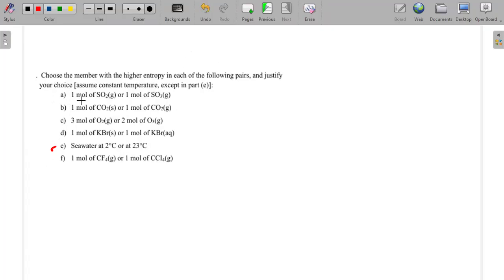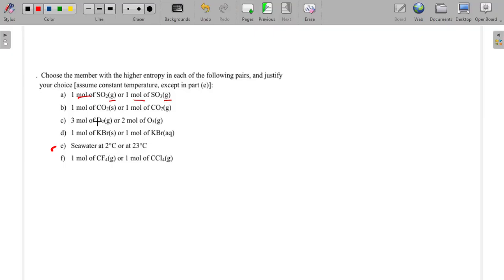Being given one mole of sulfur dioxide there, and one mole of SO3 there. Everything, the state is the same, the gas state, but what is different is that here you have 2 oxygen atoms, here we have 3 oxygen atoms.